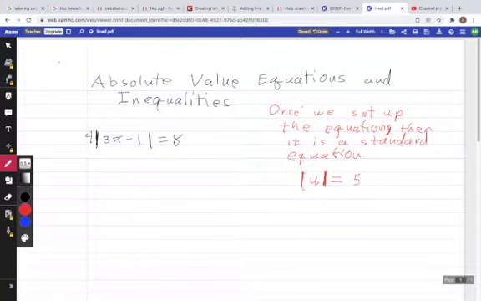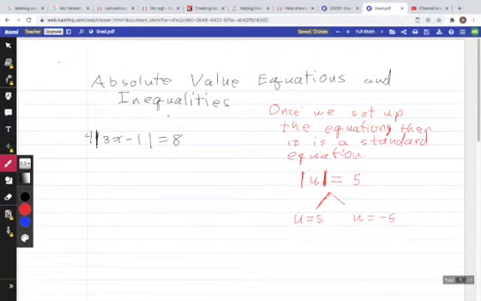Because the absolute value by itself tells us that we can either be positive 5 or negative 5. So this splits into two separate problems. U equals 5, U equals negative 5. And then we would end up solving both if we needed to.